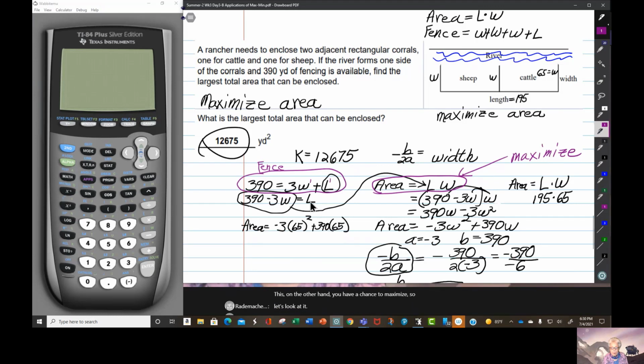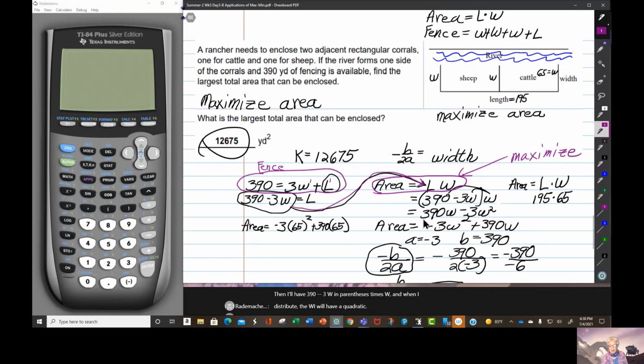If I solve for L so that I get 390 minus 3W equals L, and then move that over here to the area formula and put it in for that L, then I'll have 390 minus 3W in parentheses times W. And when I distribute the W, I will have a quadratic.